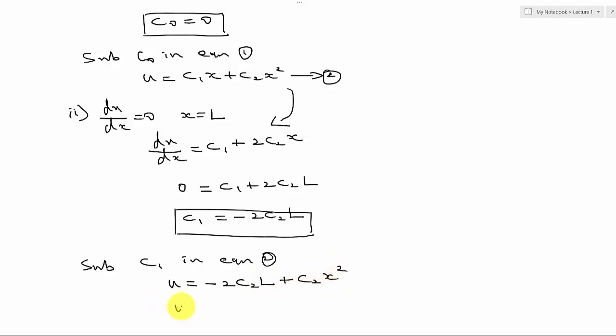Okay, and you can simplify this. Take c2 commonly outside. c2 times minus 2L plus x square. Okay, and assume this as equation number 3.